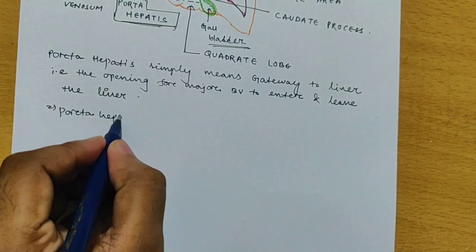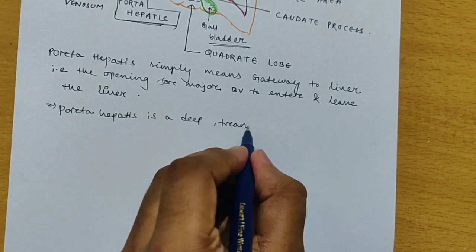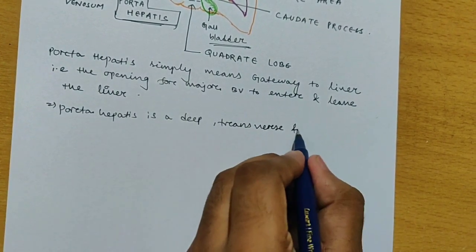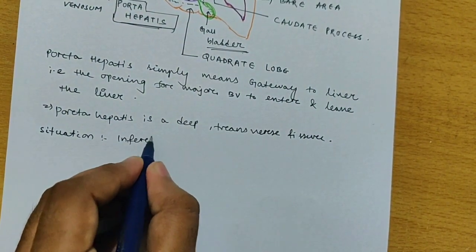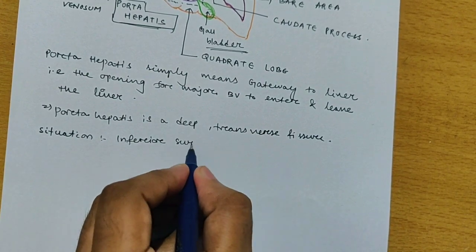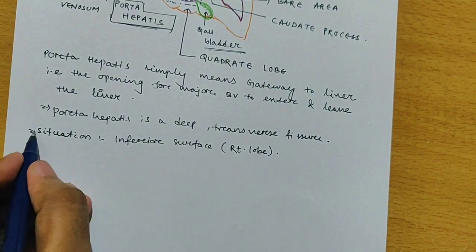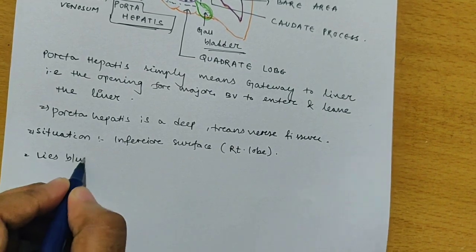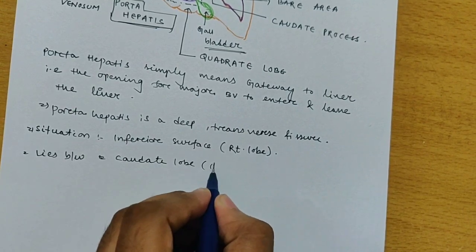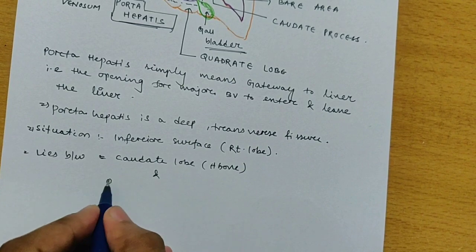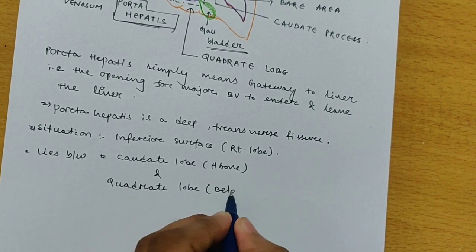Porta hepatis is a deep transverse fissure and it is situated in the inferior surface of the right lobe of the liver. It lies between the caudate lobe above and the quadrate lobe below.